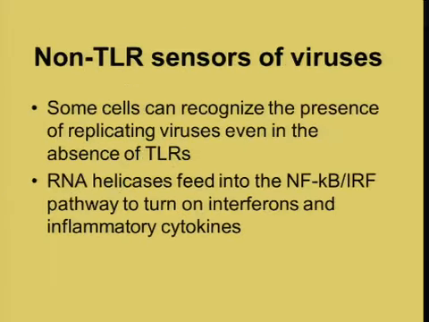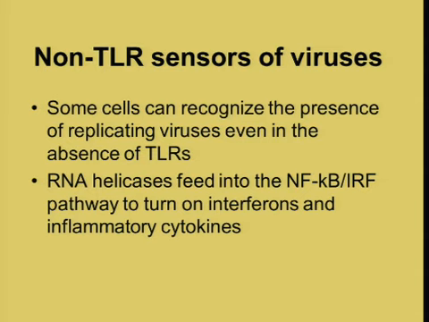In addition, some cells can recognize the presence of replicating viruses, even if they don't have toll-like receptors. For example, certain RNA helicases, which are involved in the viral life cycle, feed into what is called the NF-kappa B pathway.